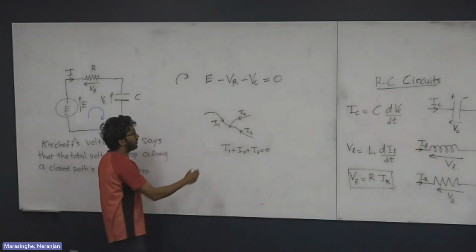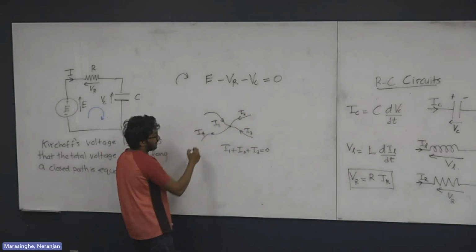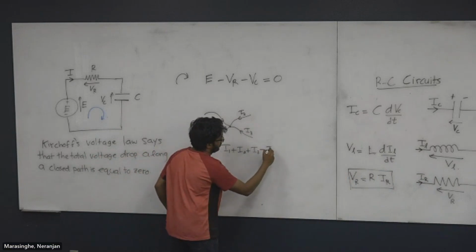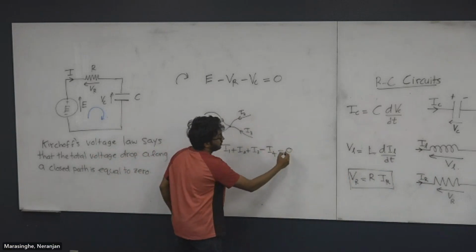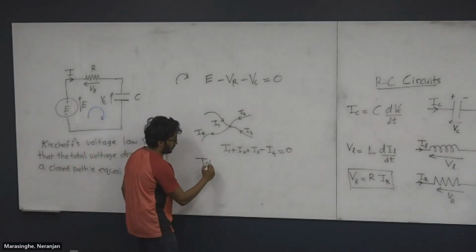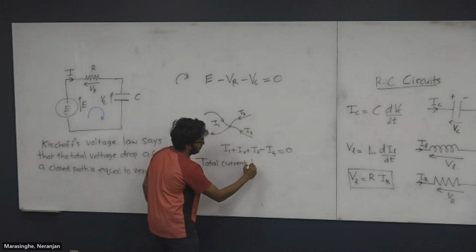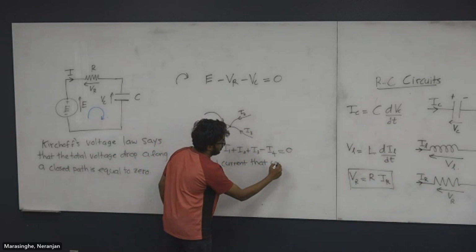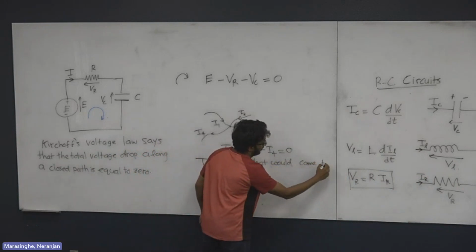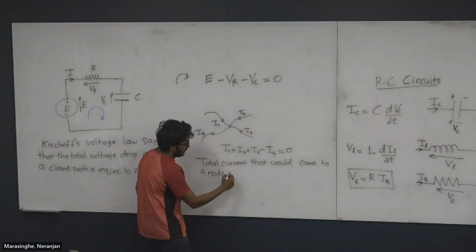If I mark a current in the reverse direction, then I will get a negative. The total current coming to a node is equal to 0.